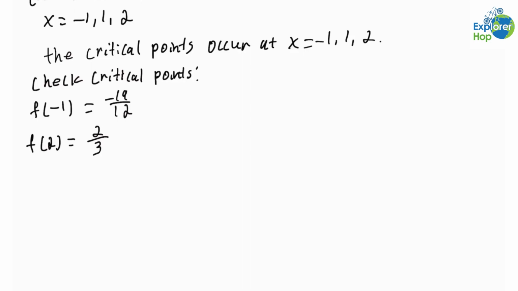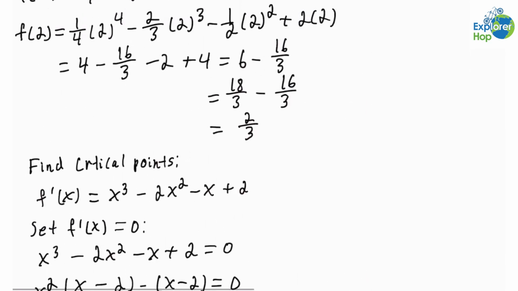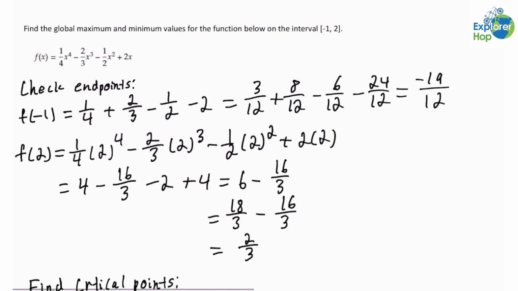And now let's evaluate f of x at x equals 1. So f of 1 is equal to, from our function, 1 over 4 minus 2 over 3 minus 1 half plus 2.